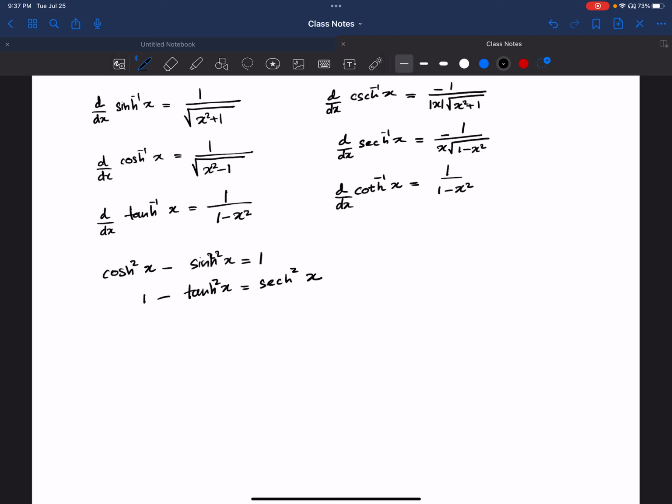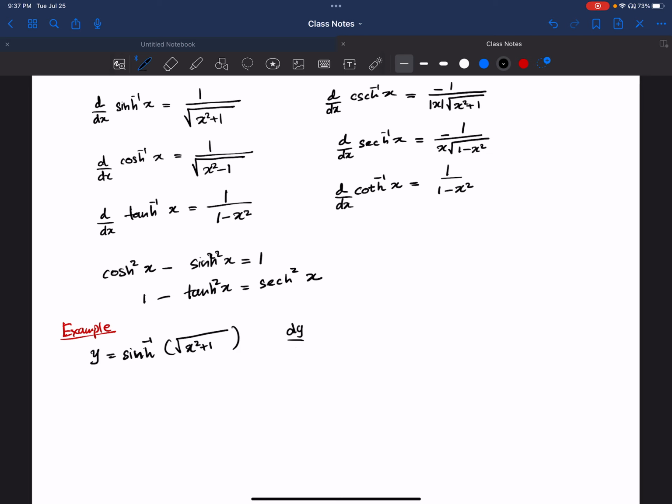Let's take this one as an example. y equals sinh inverse square root of x squared plus 1.